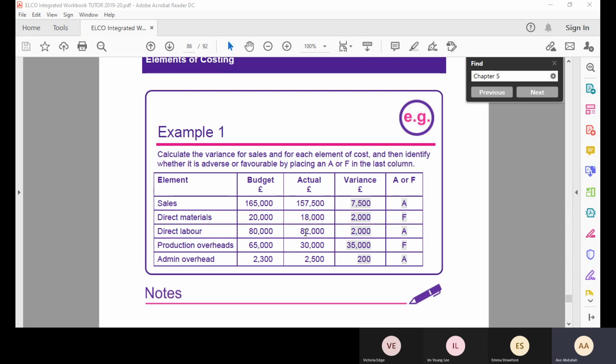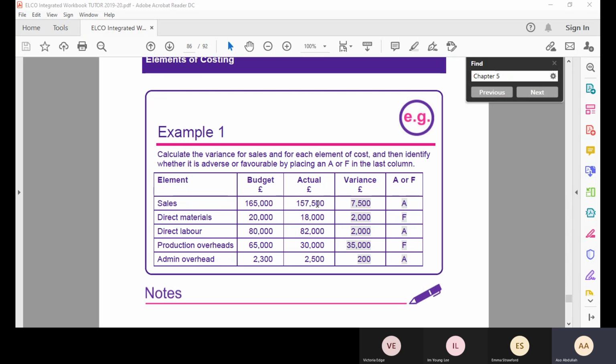So in terms of sales, they estimated, they budgeted for sales. They say if we achieve our sales figure of £165,000, then it would be great. And for the month, at the end of the period, the sales figure was 157,000.